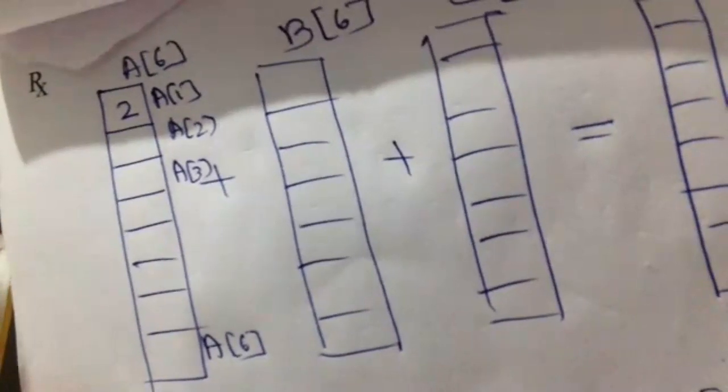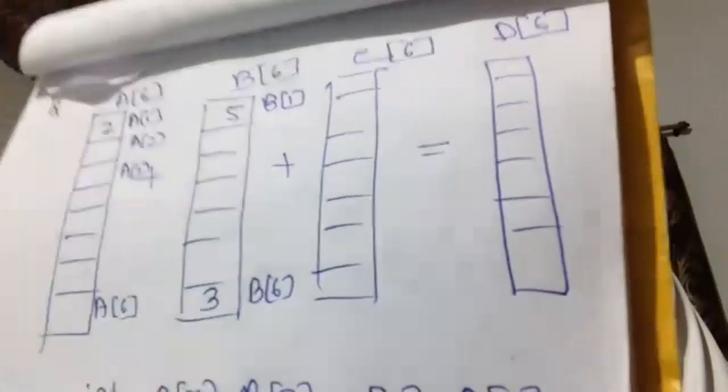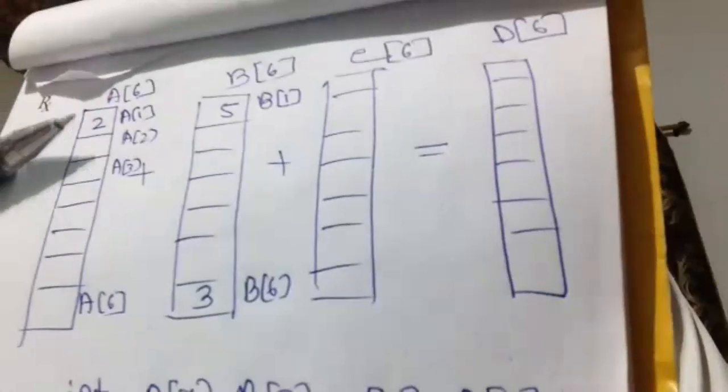So to add this A1 value 2 with B1 value 5. You see, what is the first value in B1? 5. Now, suppose B6 has 3. In B6, what is the value? 3. Okay, fine. Now, if you want to add 3 with this value, what is this? 2.